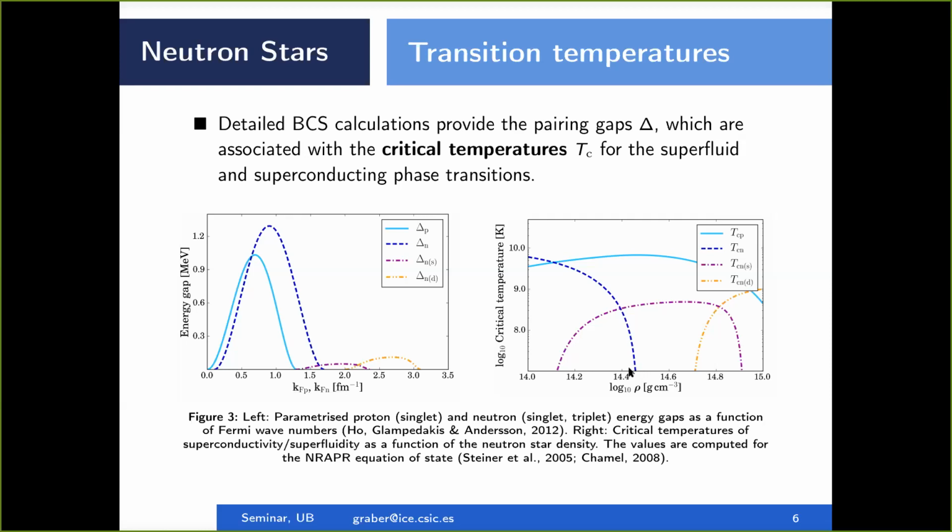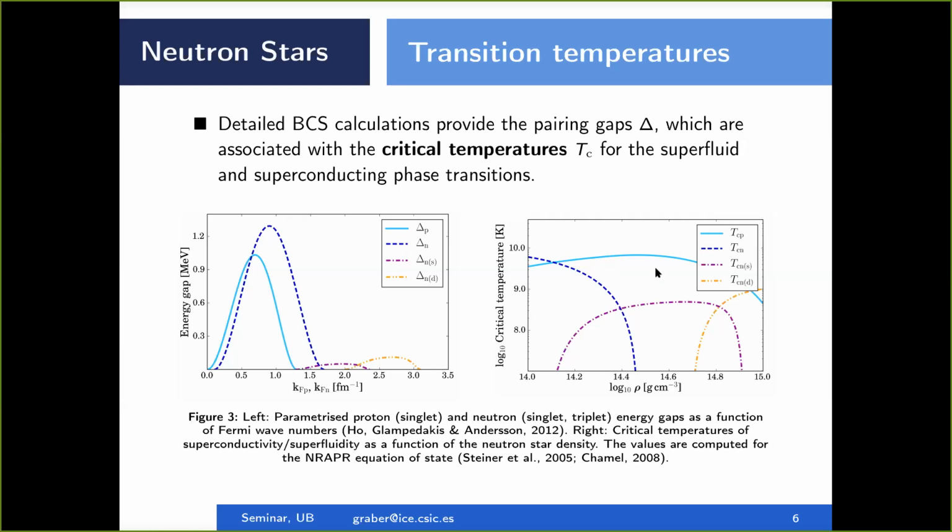So if you imagine the star initially being hot, you sit somewhere up here. The core is typically relatively isothermal. So you can imagine this line of temperature moving downwards as the star cools. You first hit this critical temperature, and then you will hit the other critical temperatures, depending on what the energy gaps actually are on a microscopic picture.